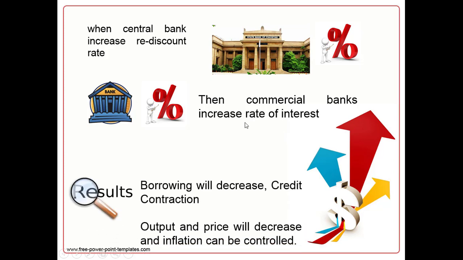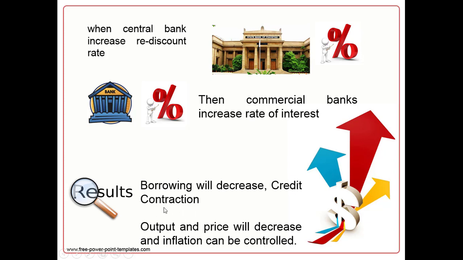So what will be the result? Look, if the interest rate is increased, people will be reluctant to take loans from commercial banks because loans are now expensive, since the rate of interest is higher. Borrowing will decrease and credit will contract. Overall in the country, businessmen will take fewer loans.